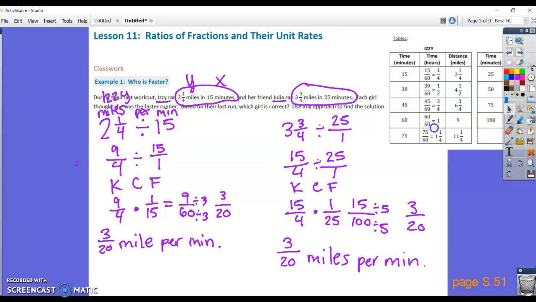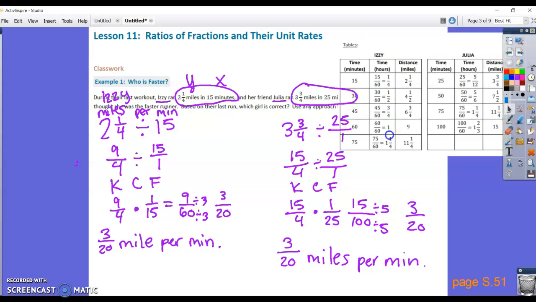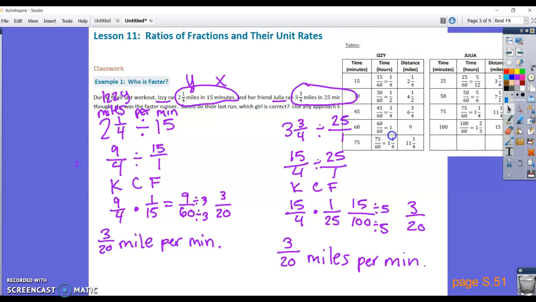And if we look back at our table that we wrote, you can see that at 75 minutes on both, they're going the same distance, 11 and a fourth miles here as well.